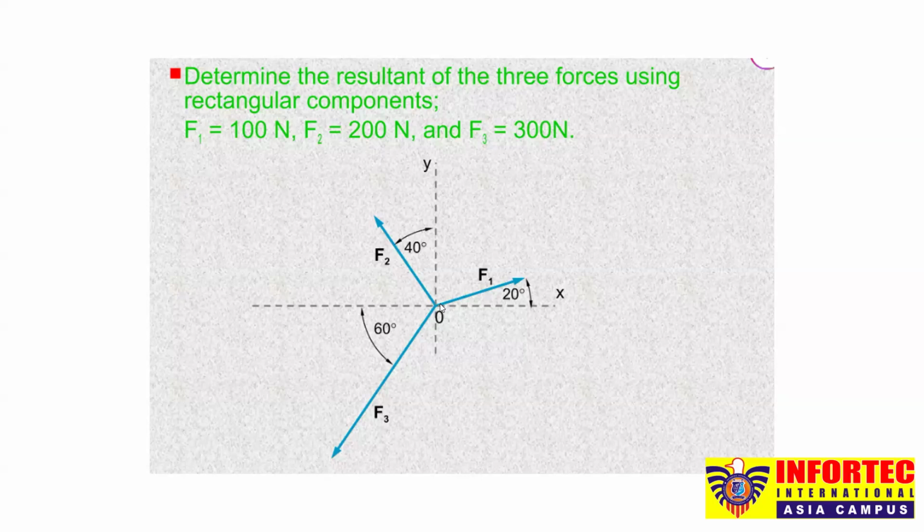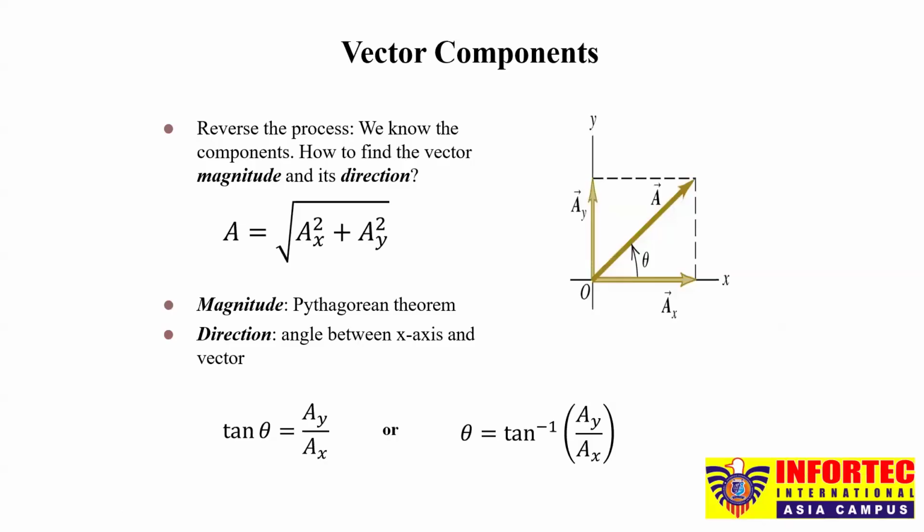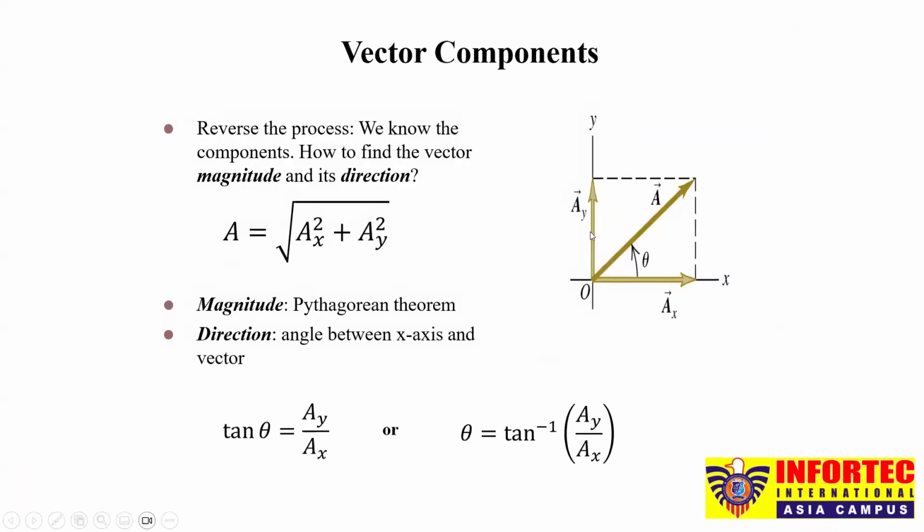Now, what happens at point O? Three forces are acting at point O. What is the resultant vector? The question is asking to determine the resultant of the three forces. We have to use rectangular components, right? Here you now have the knowledge of how to convert to rectangular components, how to find Fx and Fy, and then how to find the resultant.